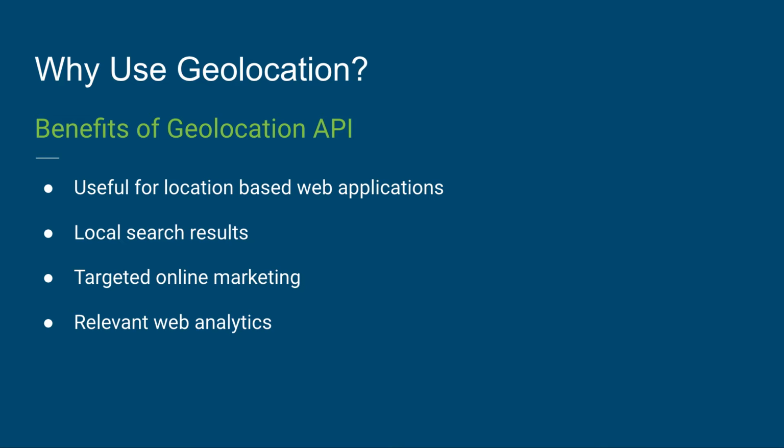Well, first of all, some browsers need it to work based on the user's location. Examples of that would be search engines, maps, weather apps. It's useful to know your location in order for those to work. Search engines can provide more local search results.